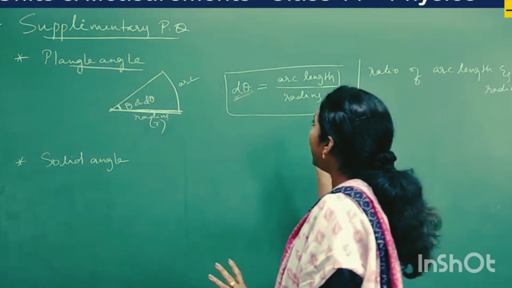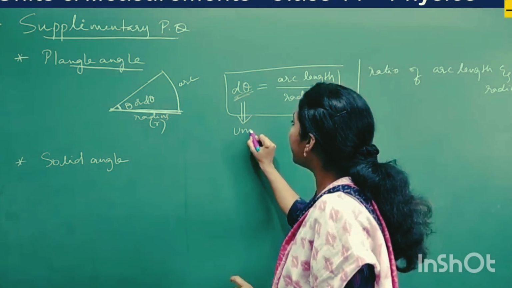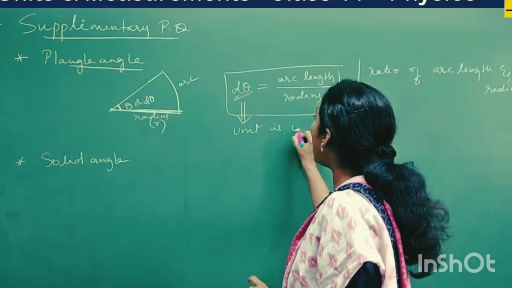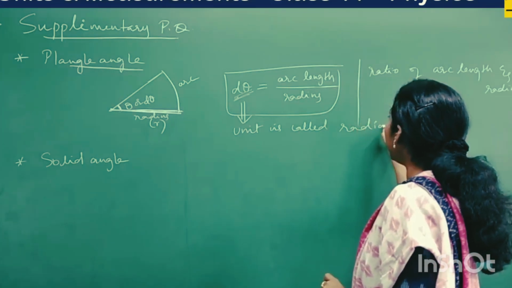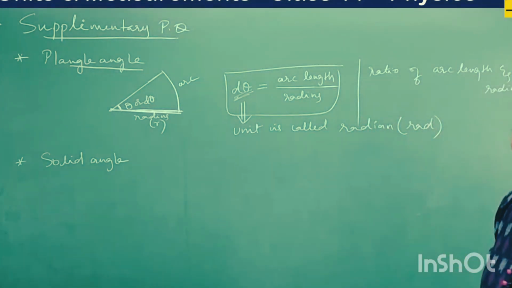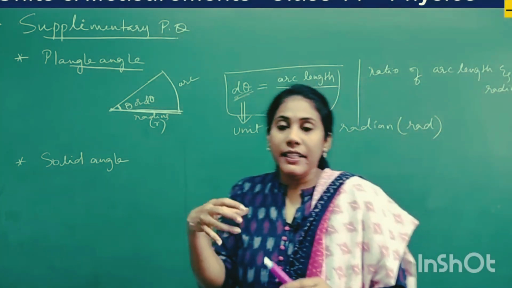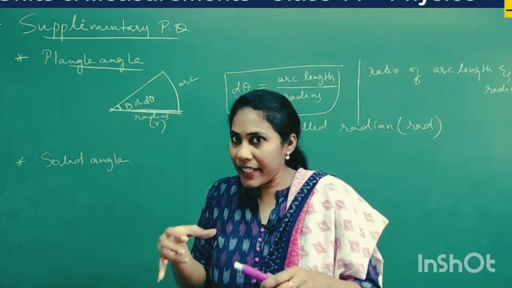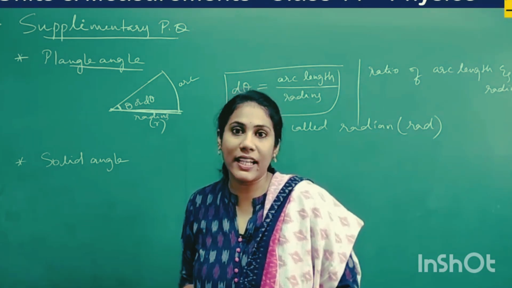Okay, and the unit of this plane angle, it has a unit, and the unit is called radian, or in short we will just write it as rad. Usually any angle we represent in degrees. Degree is one more unit that we have studied right from our lower classes.